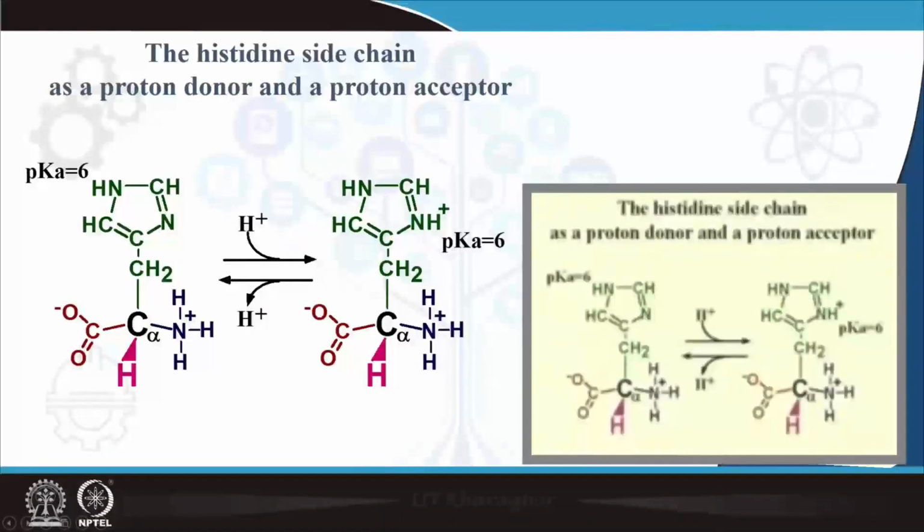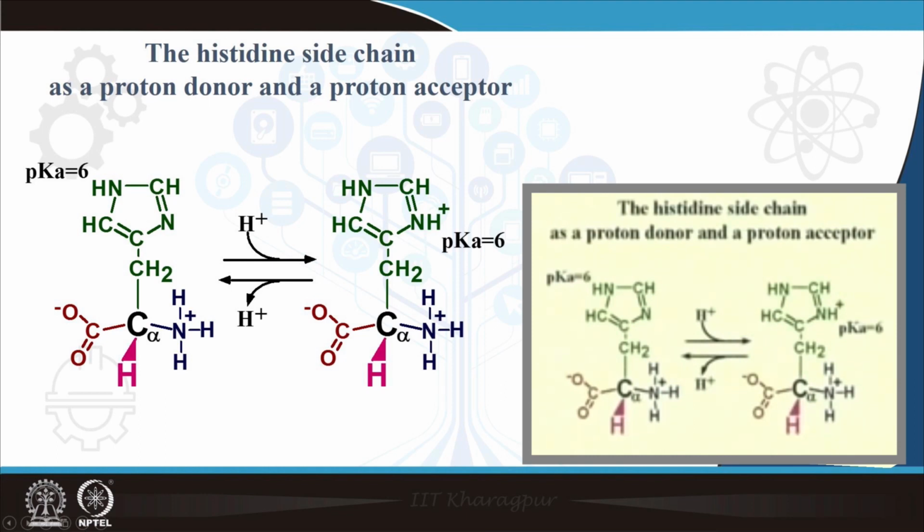Now, what happens to histidine is that because of this protonation and deprotonation that can occur, histidine forms a large number of the catalytic sites of proteins. Okay, just because it can accept and donate a proton close to the physiological pH, which is not the case with the other amino acids.